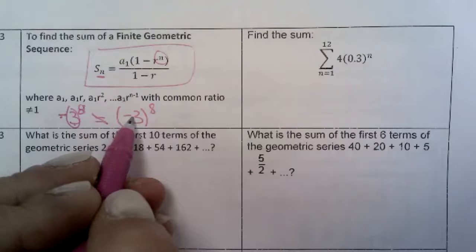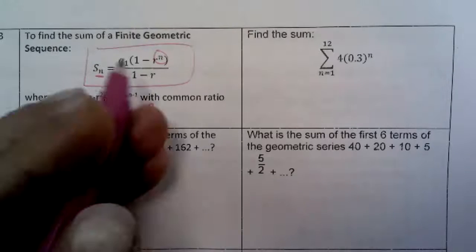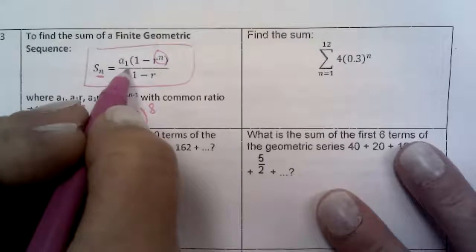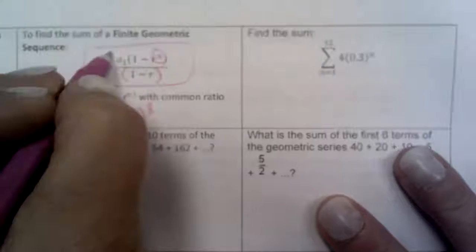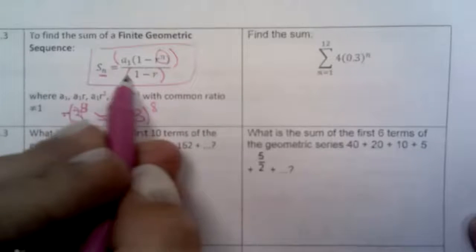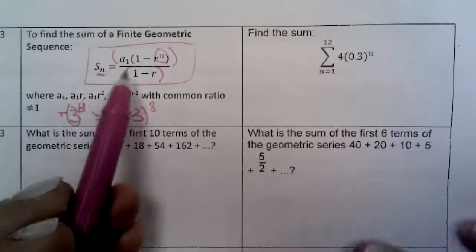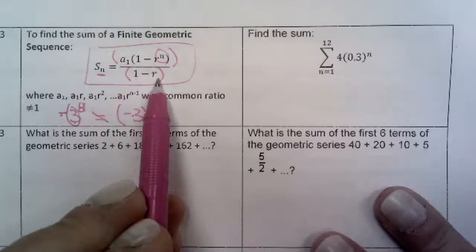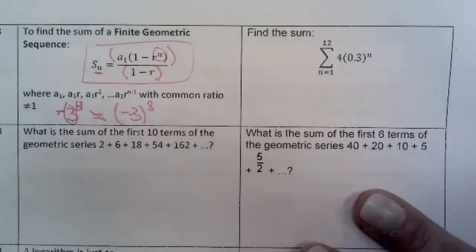This one is multiplying -3 8 times. So you really have to be careful when you're using your calculator. Also, when you're dividing, that bottom piece needs to be in parentheses. Otherwise, it's going to divide by 1, and then it's going to subtract that common ratio. So you really have to keep track of that.